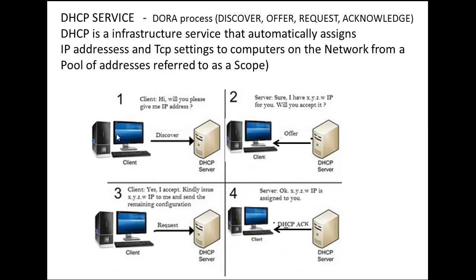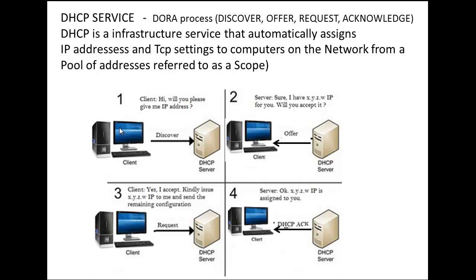So the client computer looks to the DHCP server for that address. The DHCP server has a pool of addresses. This pool of addresses is referred to as a scope. So one of the things that you want to do as soon as you install the DHCP role is to create the scope of IP addresses, because the clients will need that scope in order to get an address.